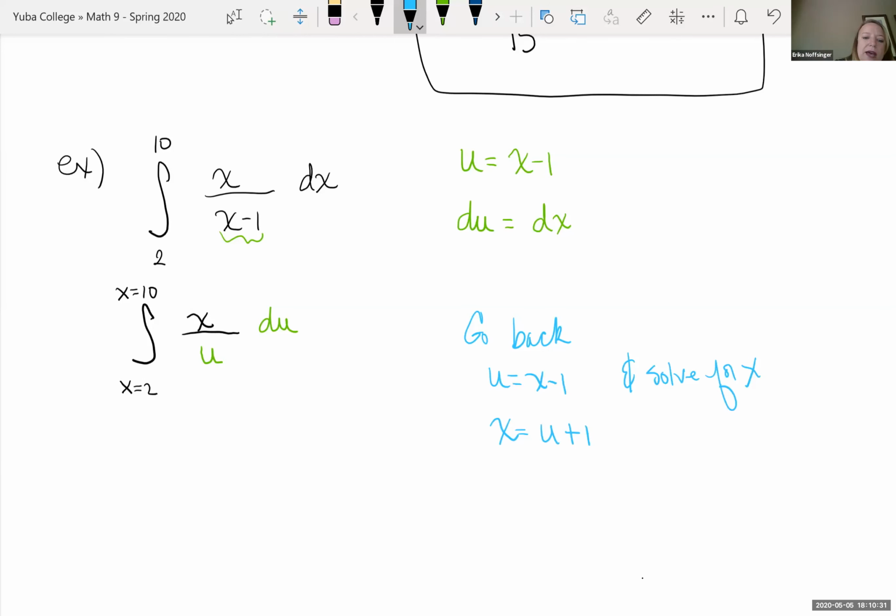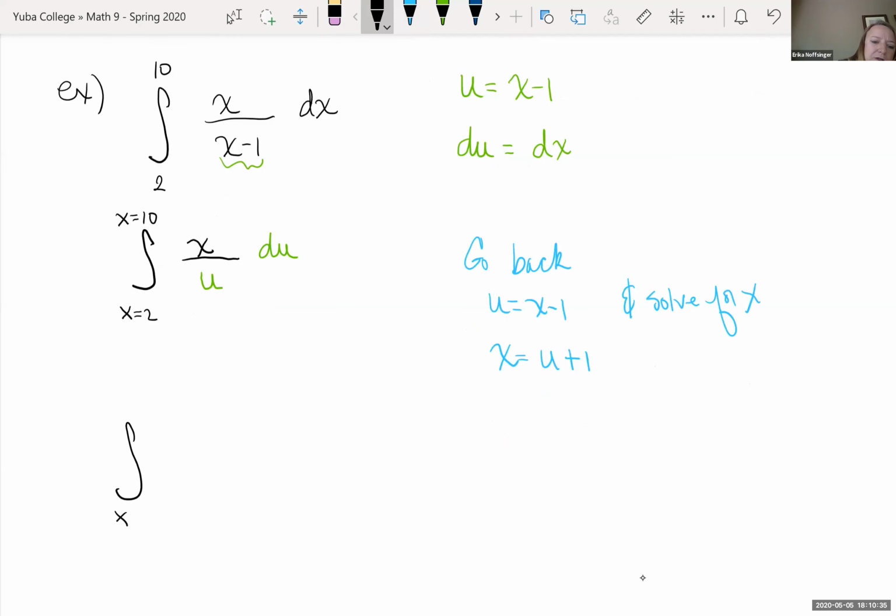So we can go back in, x equals 2, x equals 10 for our bounds. Our x value though, that is u plus 1, all over u du.